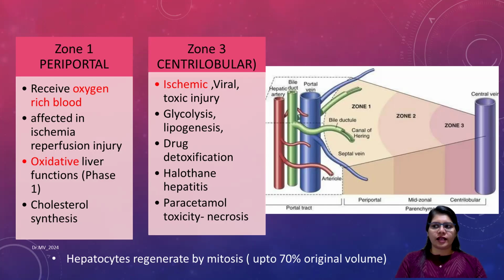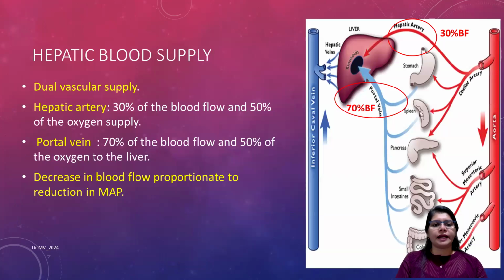They are sensitive to N-acetyl-p-benzoquinone imine. So in paracetamol overdose, centrilobular necrosis happens in zone 3. Same with halothane hepatitis, centrilobular necrosis happens. And hepatocytes regenerate by mitosis up to 70% of original volume. This is important when it comes to living donor donation.